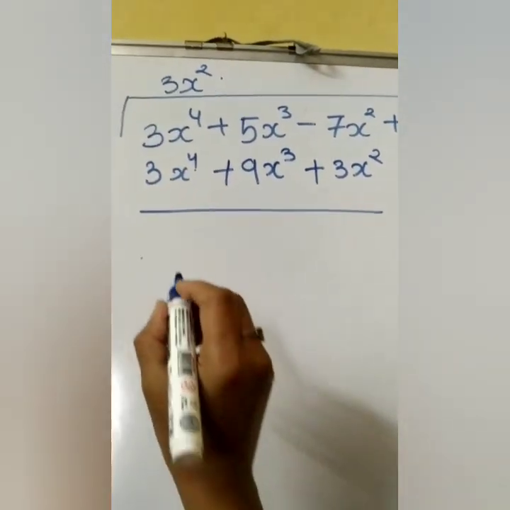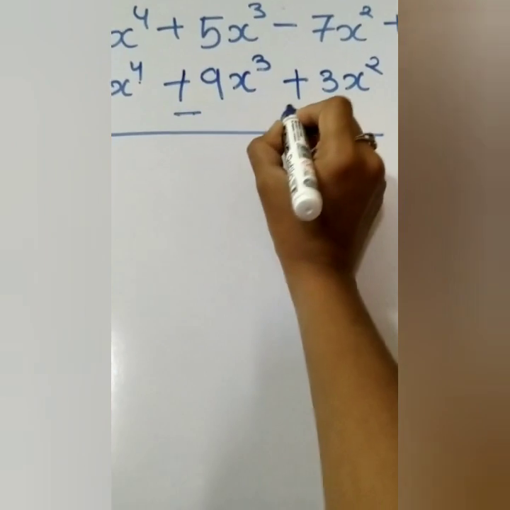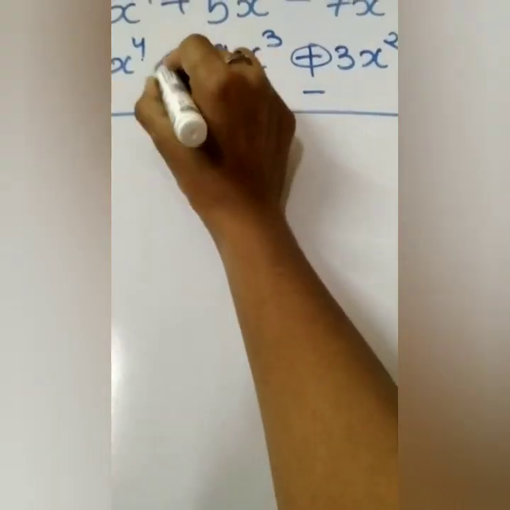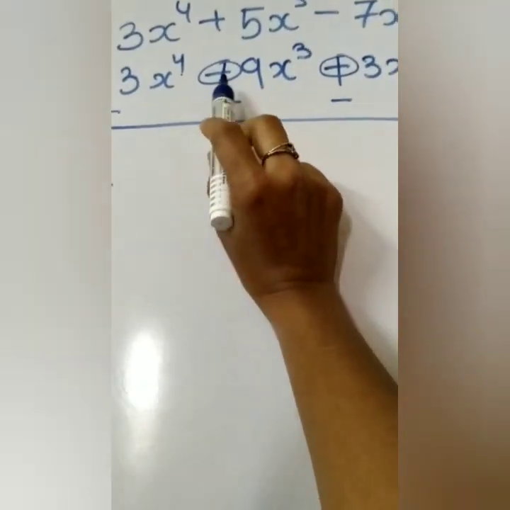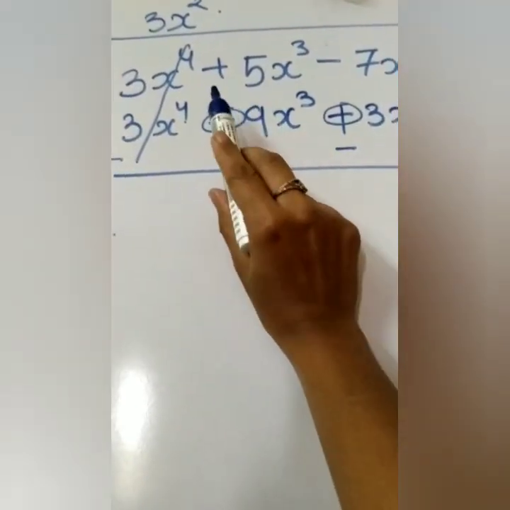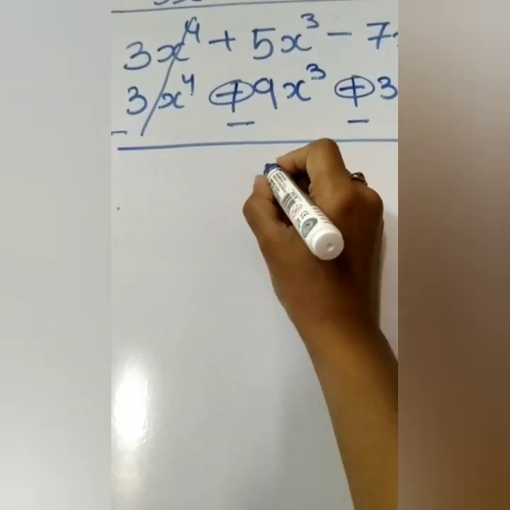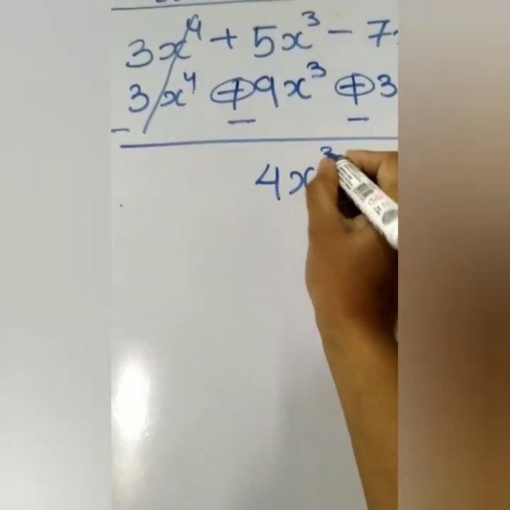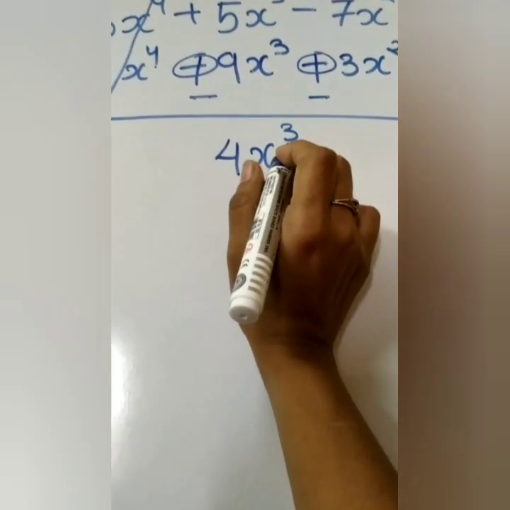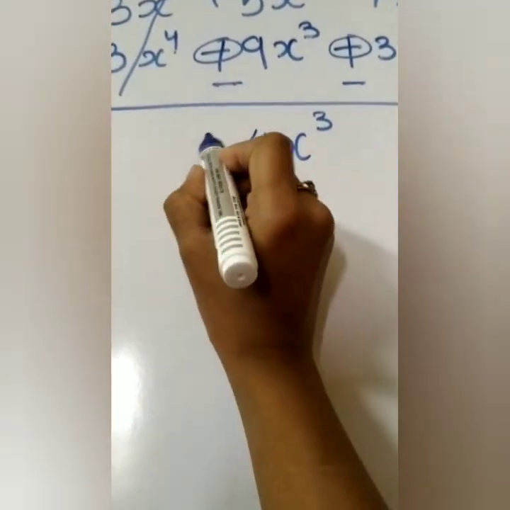Here we have to change the sign. It will become minus. This one will become minus and again this one will become minus. Now we have to remember this sign. So we will cut out this. Now here plus minus will become minus. Means 9 minus 5 will become 4. X cube will remain the same. And the most important thing we have to remember always is the symbol of the greater number, which is minus over here.